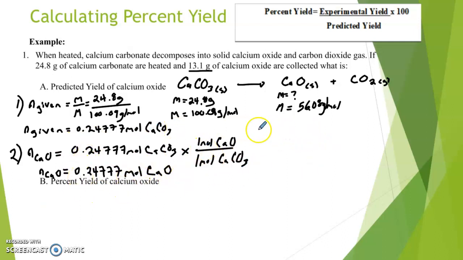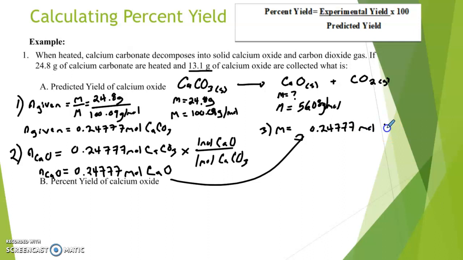And then step 3 is solving for what we know. So we are looking for the mass of calcium oxide. So we're going to take this value for finding that. Take this value, put it up here, and we have 0.24777 moles times our molar mass.